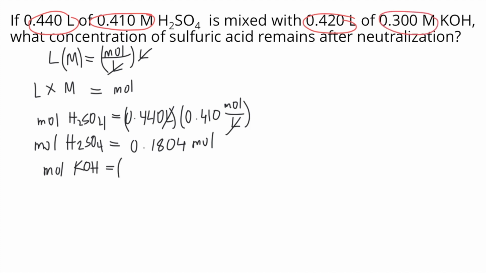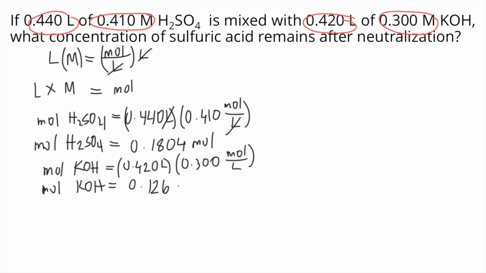So if we again multiply those two numbers, 0.420 liters times 0.300 moles per liter, grab your calculator, 0.420 times 0.300, you will get 0.126 moles because the liters cancel out. So 0.126 moles of KOH.